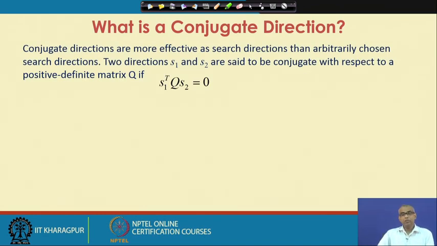So, what is a conjugate direction? Conjugate directions are more effective as search directions than arbitrarily chosen search directions. Two directions S1 and S2 are said to be conjugate with respect to a positive definite matrix Q if S1 transpose Q S2 equals 0.